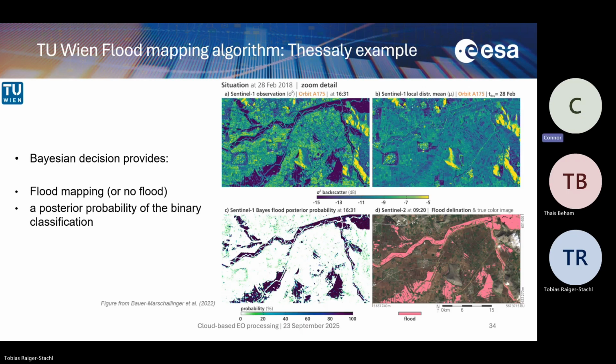And then this is the Sentinel-1 flood posterior probability, so the decision made with the Bayesian method. And that's the final output, the delineation of the flood, with the Sentinel-2 image in the background just as a reference. Yeah, next, please.